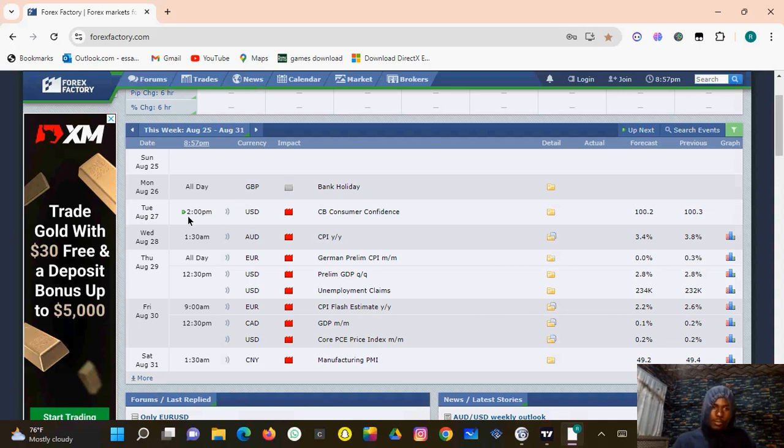And on Tuesday we have consumer confidence for the US dollar, right? We also have the AUD CPI on Wednesday, which is normally at 1 a.m. I used to trade this news, but these days I'm more focused on only gold, so I hardly trade it.